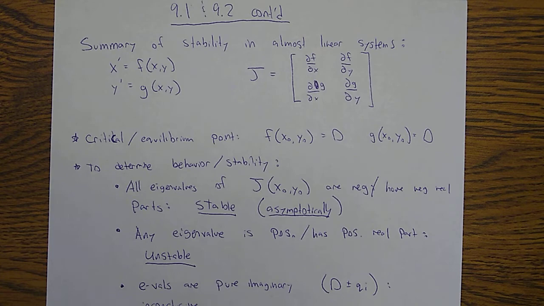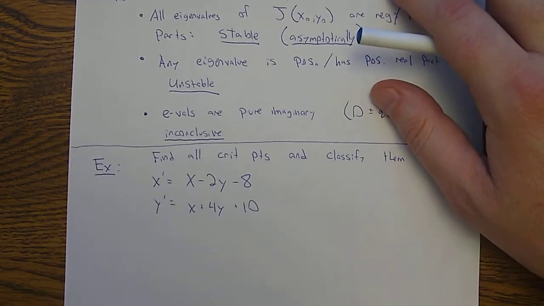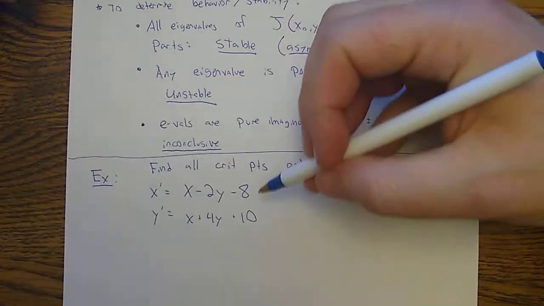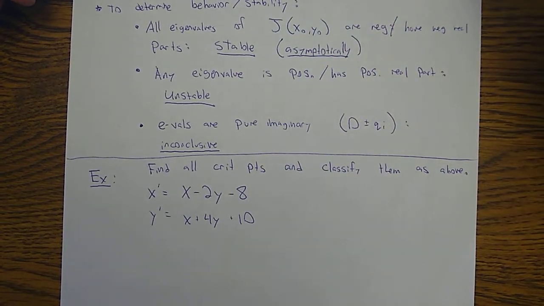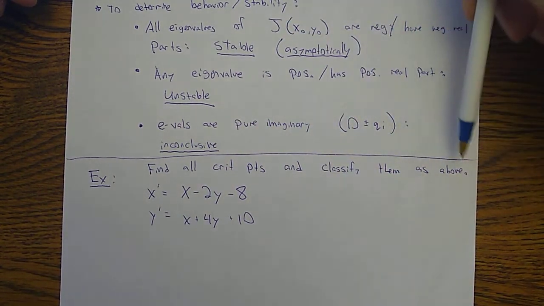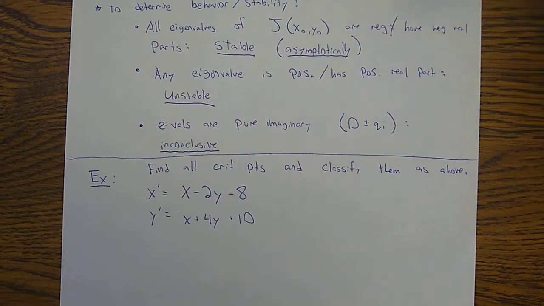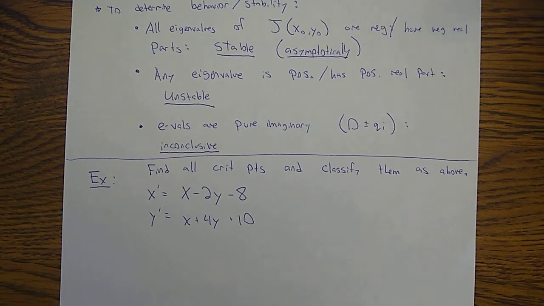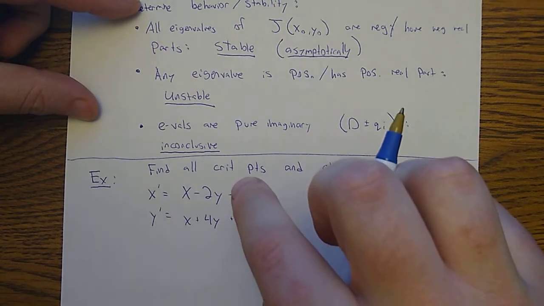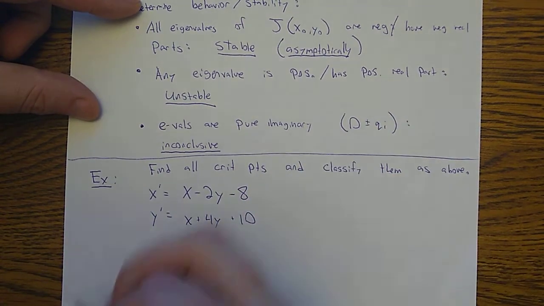So let me do another example. It's this one. The instructions are to find critical points and classify them as above. So let's do that. Set both of these equal to 0.